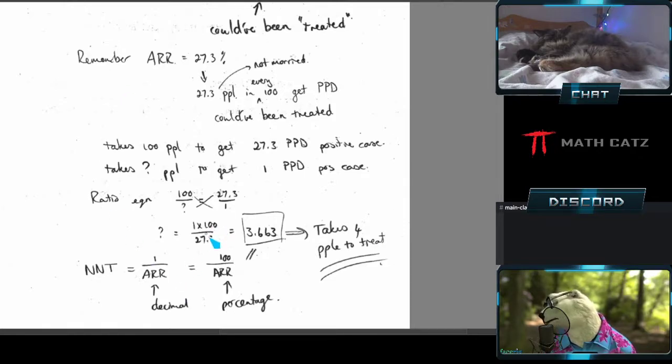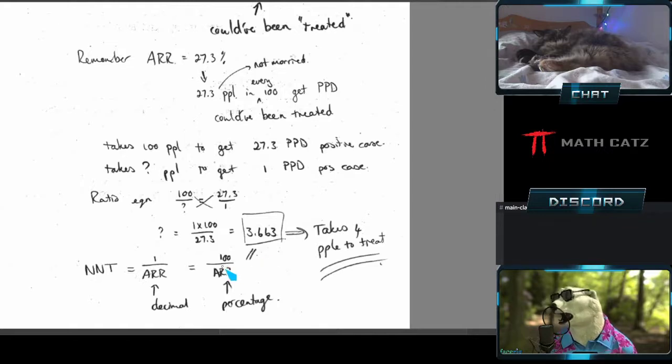You can see here it's always going to be 1 over the decimal version of the absolute risk reduction, or it's always going to be 100 divided by the percentage version of the absolute risk reduction. I like to work with percentages because they just feel nicer, but I do have a short calculation, 100 over ARR, to calculate the number needed to treat.